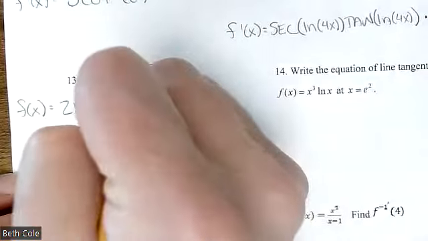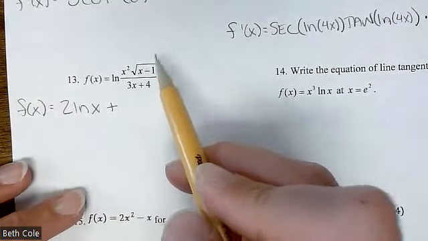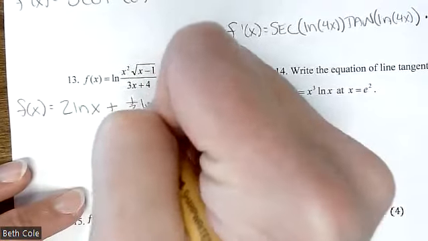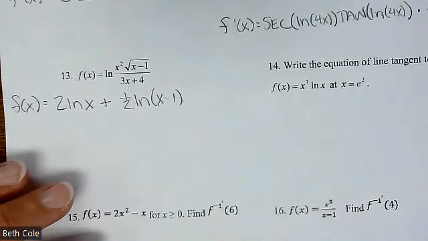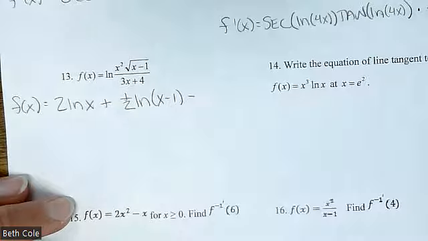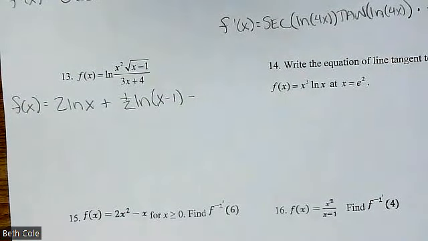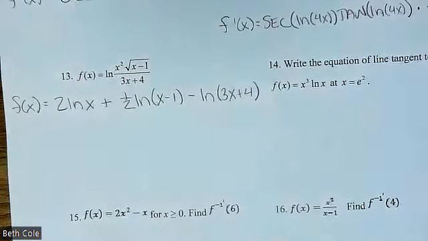Square root, it's going to be plus because it's on the top. Square root means what power? So it'd be 1/2 ln x minus 1. And then negative, because it's on the bottom, ln 3x plus 4.